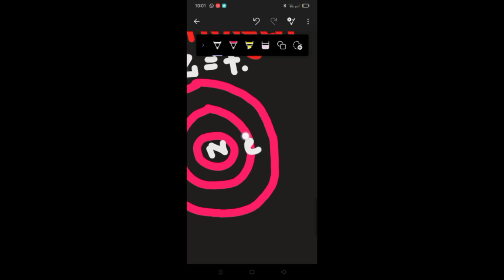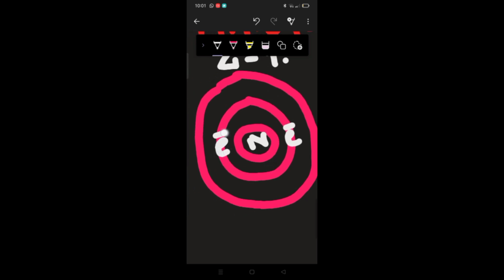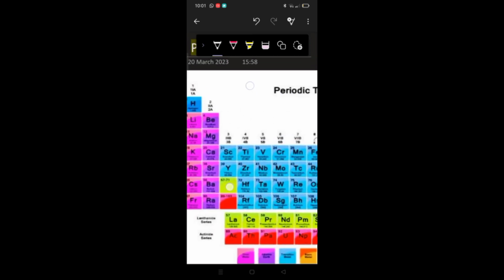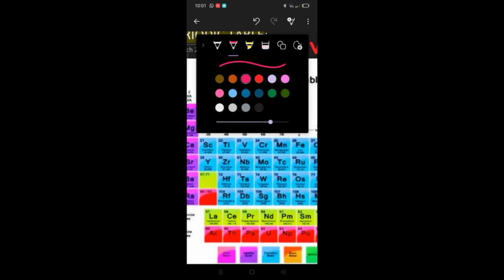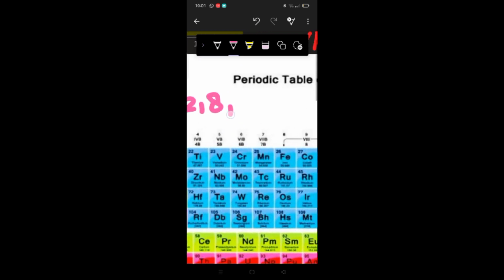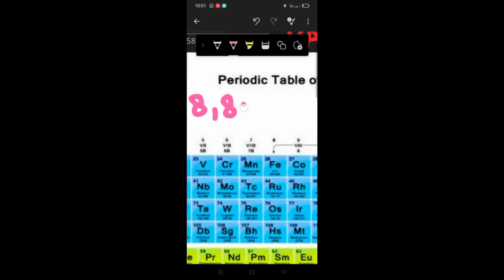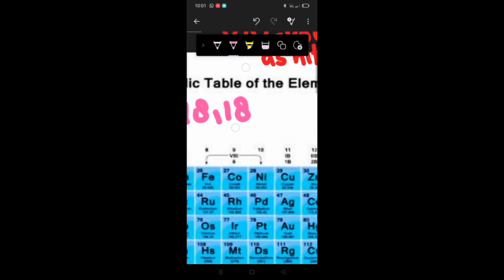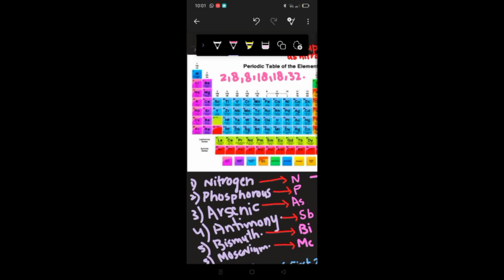One is here, two is here. Here I am going to write the electronic configuration: 2 in the first shell, then 8 in the second shell, then again 8, then 18, then 18, then 32.